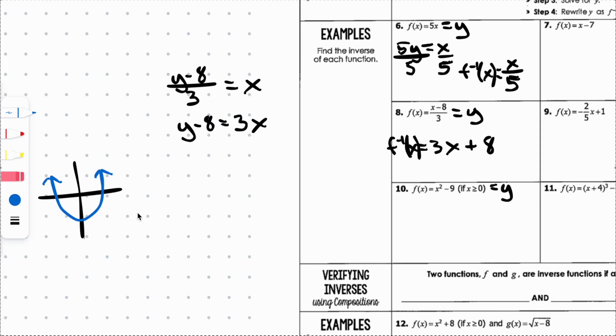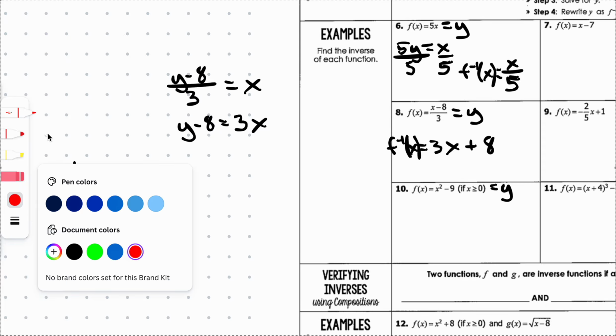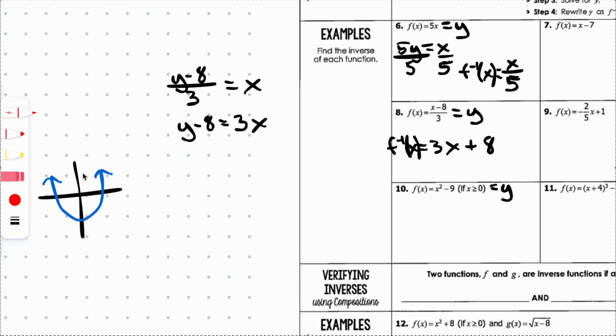The reason why we need to say if x is greater than or equal to 0, well, first of all, what this is saying is that's going to be a domain restriction. So we're saying instead of it being this blue function, it's just going to be this right side. So it's just going to be that.